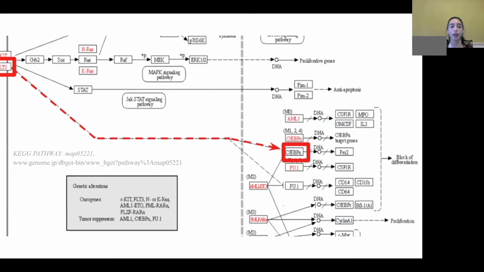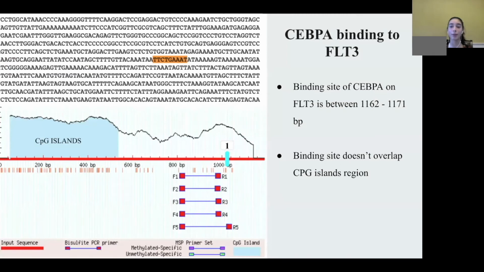If we were to inhibit FLT3, then CEBPA in turn would also be inhibited. So finding that CEBPA is actually binding to FLT3 was quite surprising. I found that the binding of the FLT3 promoter region was between 1,162 and 1,171 base pairs.